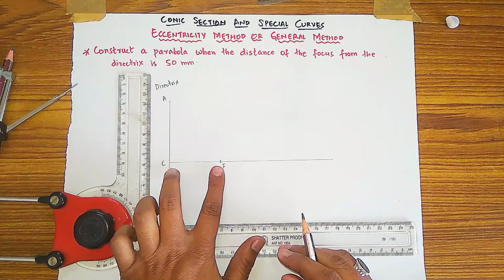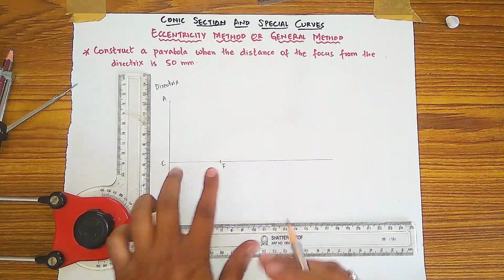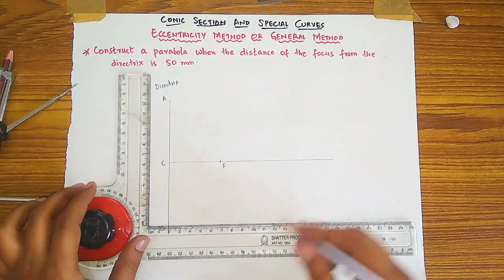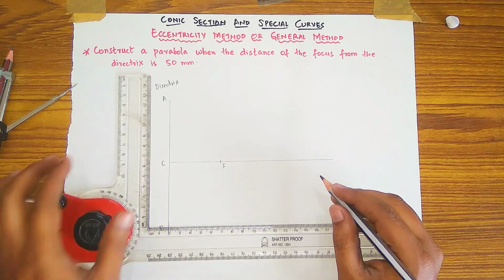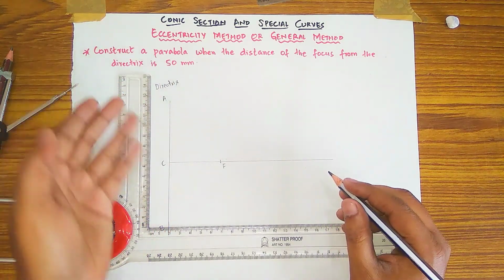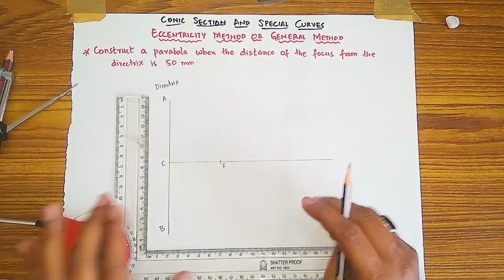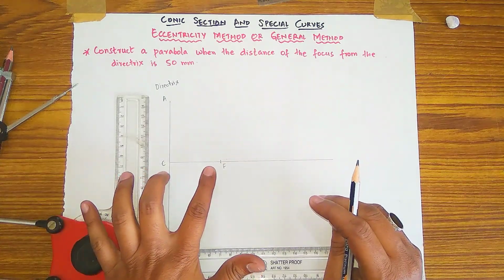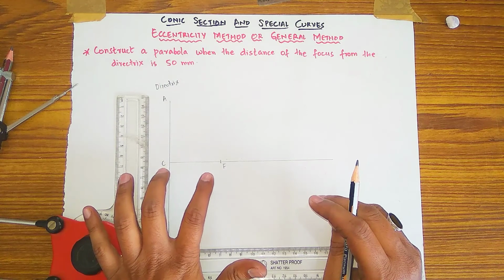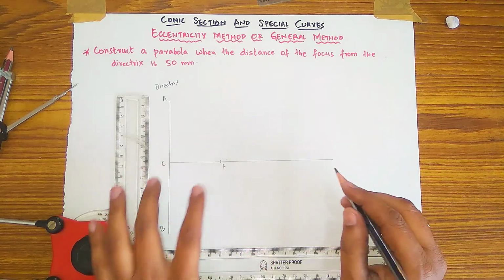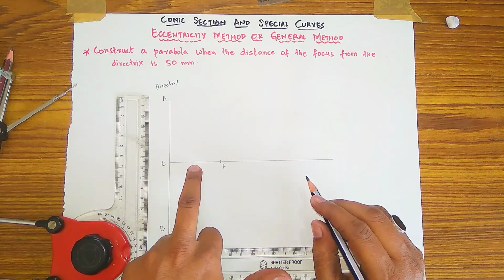For a different dimension, if he gives you 60 mm or 70 mm, you have to take 60 or 70 like that. Then after taking the distance from the directrix to the focus, you have to locate the vertex.